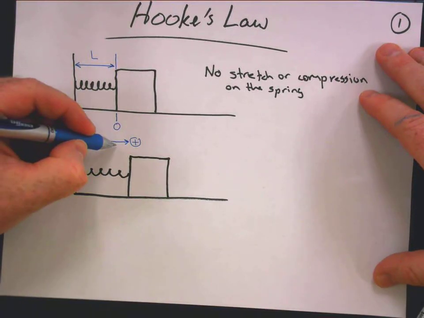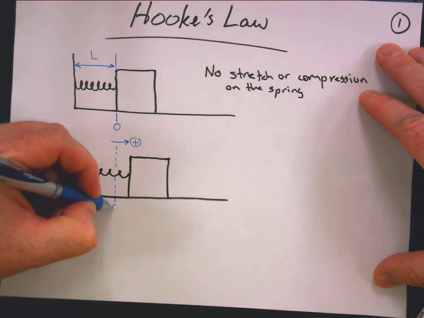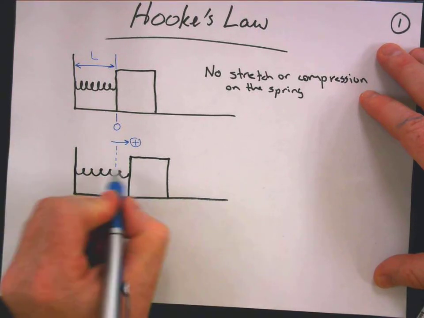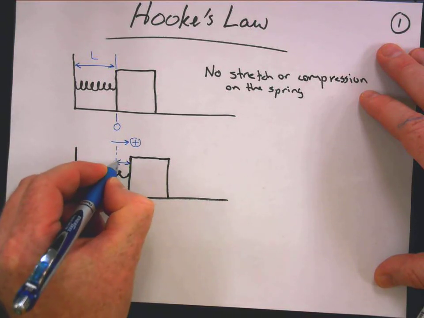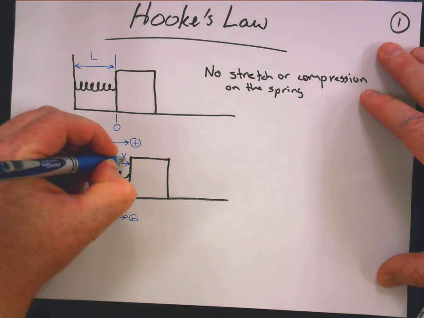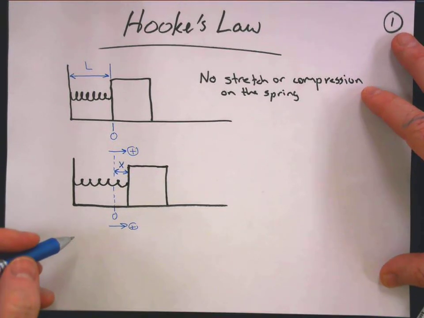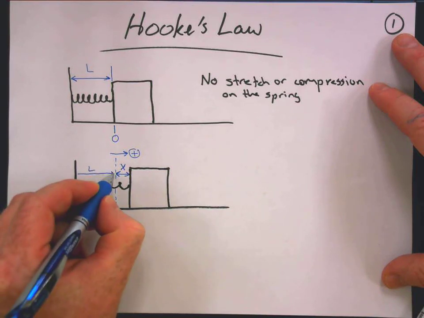The resting length was here. And so here's the origin. Positive is still to the right. But this displacement right here, from there to there, let's call that displacement x. And it was a positive displacement. Okay. And we still have L right here, right? Still have resting length L.